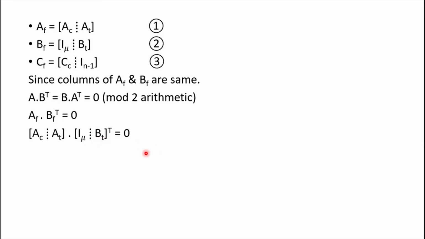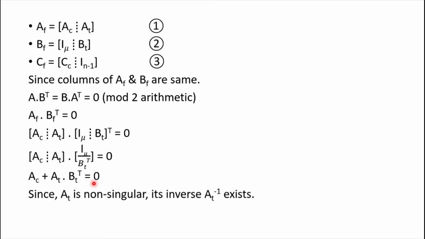Now when I take this transpose inside, I get this. The product of these two gives AC plus AT·BT^T. Now, as we know, AT is non-singular, so AT inverse exists. Now, multiplying AT inverse to this equation.